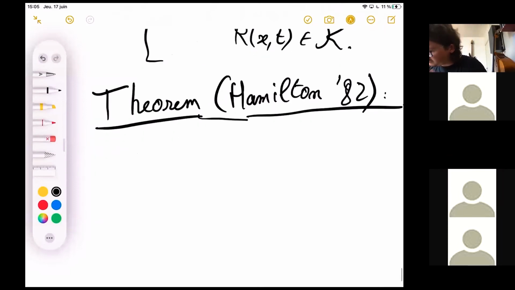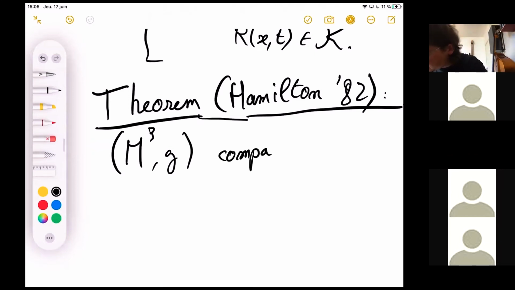I'm a geometer, so I want to prove a geometry theorem. And the behavior of PDEs is fine, but I'm using it as a tool. So the theorem I really want to prove is the following. Let M3 be a compact three-manifold with positive Ricci curvature.